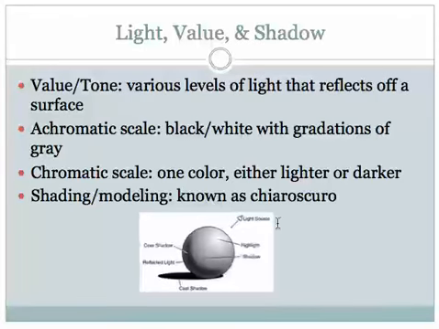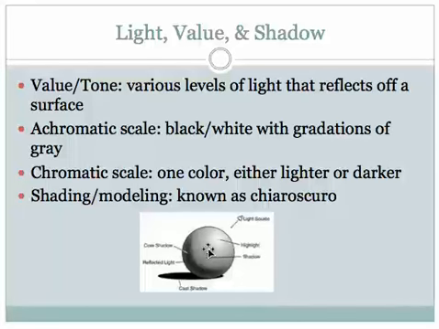Of course, we know that if light is coming from a particular area, it's going to create a visible light source. It's going to create a brighter spot, a highlight on one area of the ball, and then as we recede from that light source, it will grow slightly more shadowy.